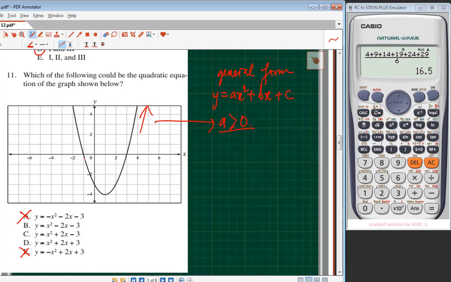And looking at the graph, we can see that the graph intersects the x-axis at the point (-1, 0) and the point (3, 0).